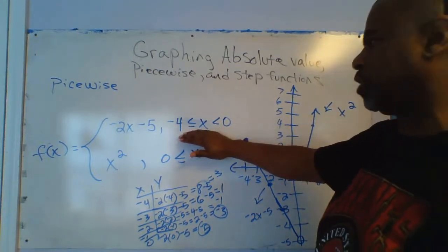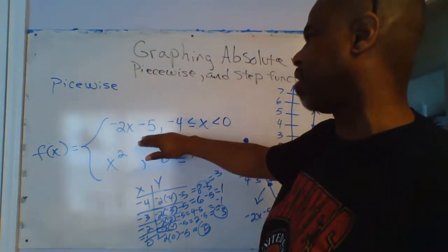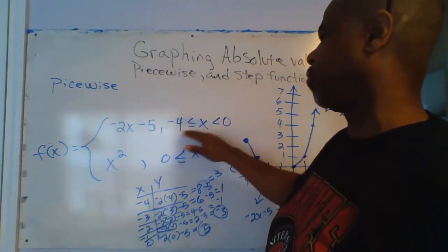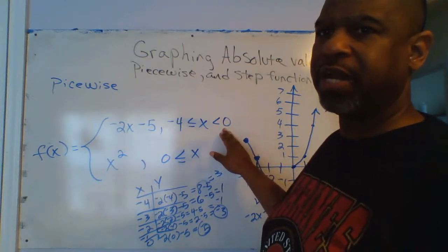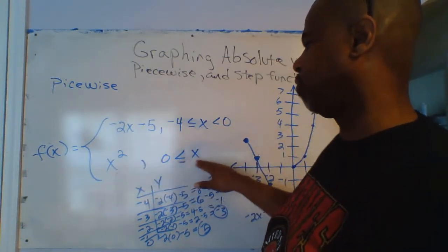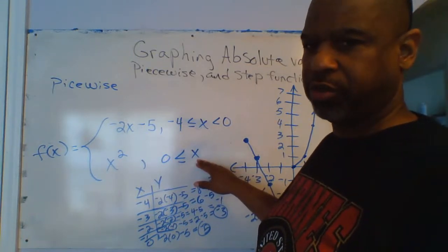This is a restriction that you put on it. This is negative 2x minus 5. We only want you to find the solutions between negative 4 and 0. But the solution for 0 is not included. Remember, we got an inequality? Then here, they ask you to just find the pieces where x is greater than or equal to 0.